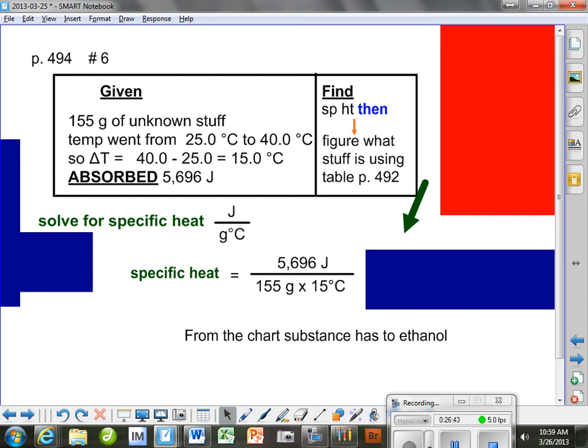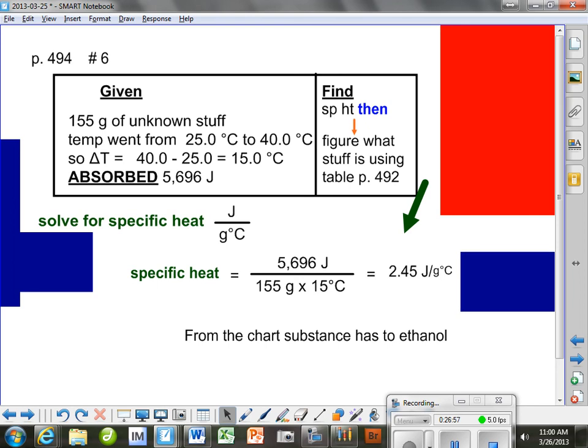Okay, so now we go to the chart and we find that the ethanol is the substance, because we have to calculate first. Okay, and so we have the number here, and in the chart, ethanol is listed as 2.44, but 2.45 is very close, and so this would be the specific heat that we get for ethanol.